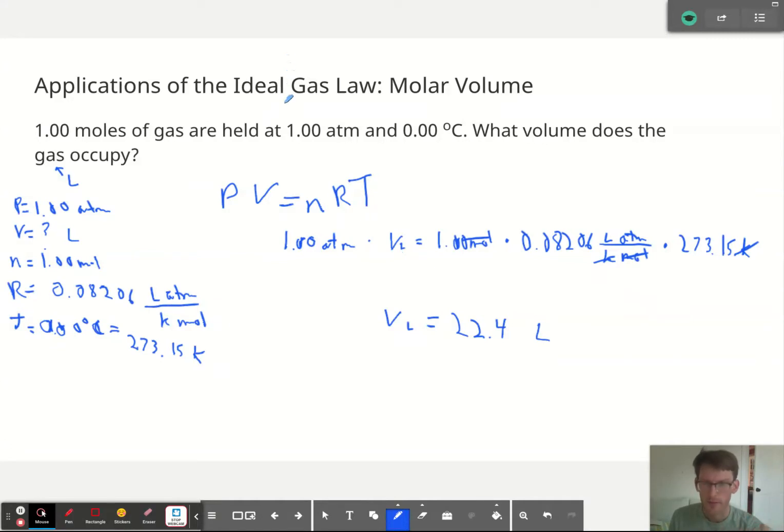Note this: 1 mole at exactly standard temperature and pressure, standard temperature being 0 Celsius, standard pressure being 1 atmosphere. 1 mole of a gas at standard temperature and pressure will always occupy 22.4 liters, whether we're talking about hydrogen, oxygen, or any other gas. The molar volume of a gas will always be 22.4 liters at standard temperature and pressure.